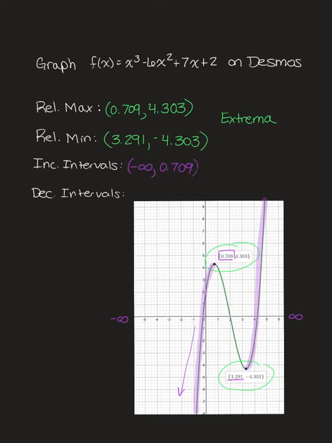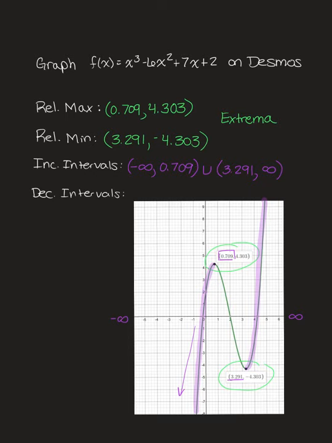But there's a second interval where it's increasing. So we combine the two with a union symbol. It just looks like a U. And this interval starts at 3.291, and this function increases to infinity. Okay, so that's how you would write your increasing interval.